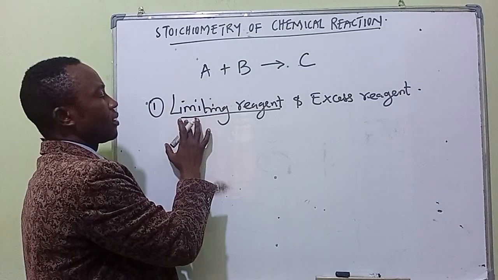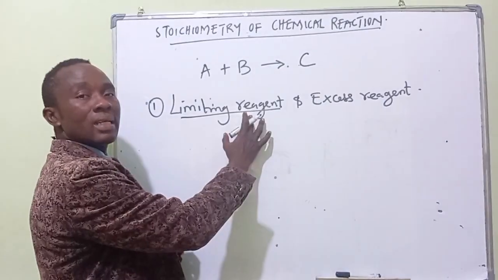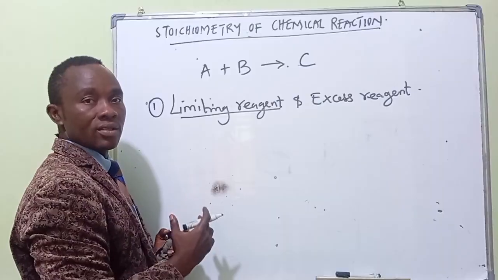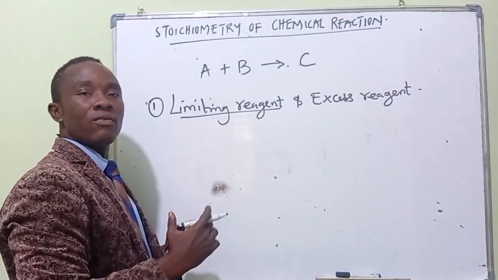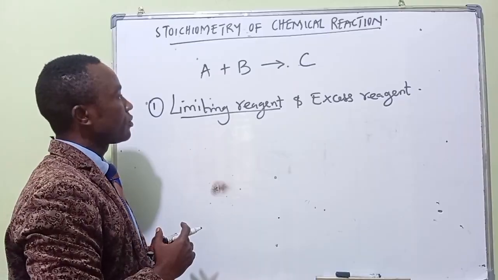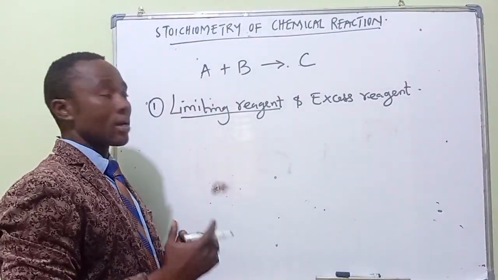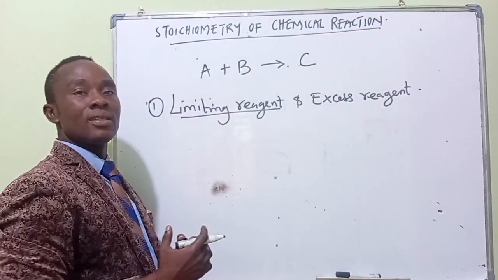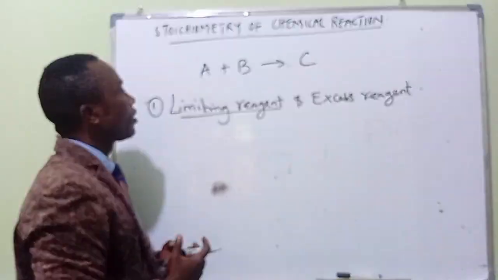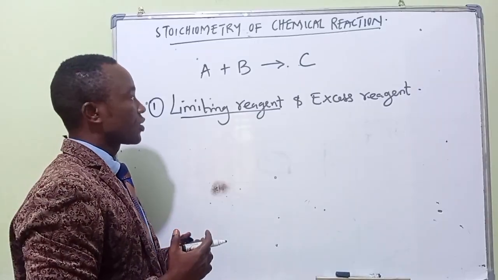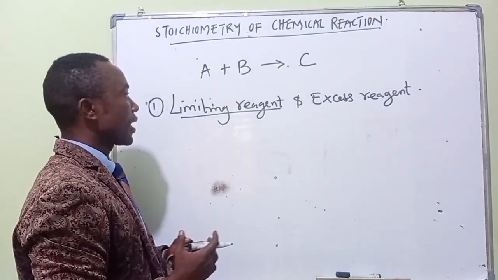So when we talk about limiting reagent or limiting reactant, we are talking about that reagent that finishes first during the course of the reaction. In other words, a limiting reagent is that reagent that is in limited supply, because it will get finished first during the course of the reaction.